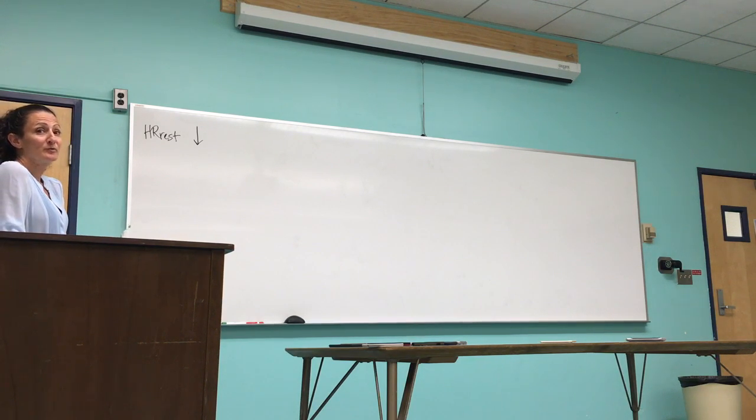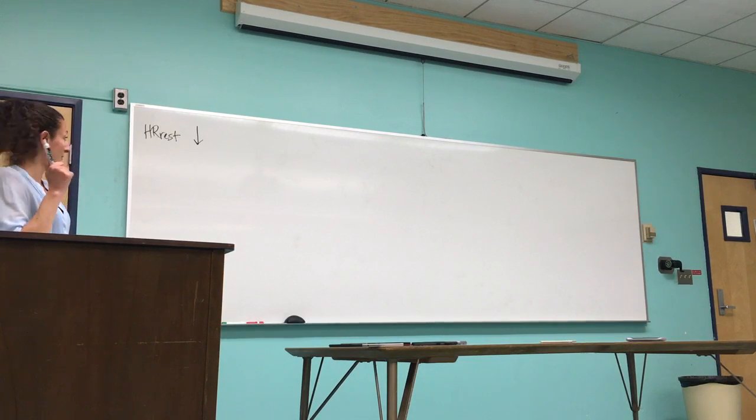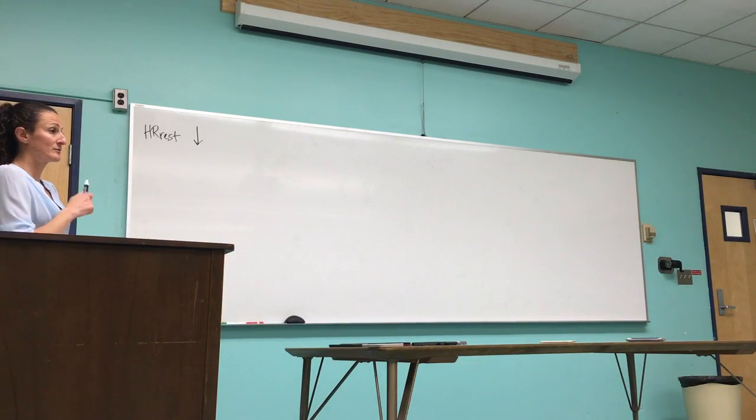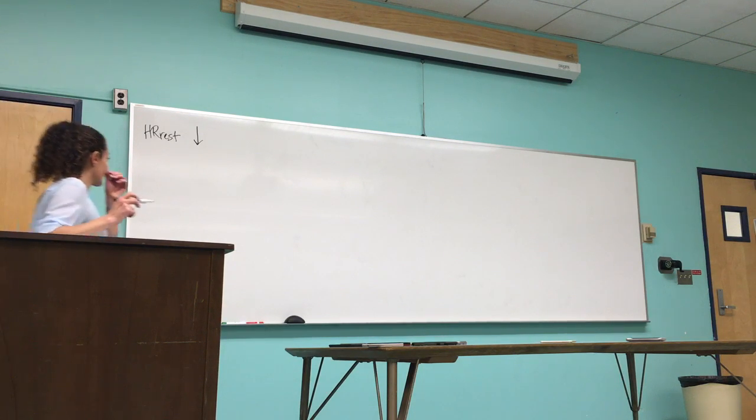You already knew before you came in here that a trained person has a lower resting heart rate than an untrained person. So now I'm asking you to think about why. Yes? Is it because their heart beats more efficiently, like it pumps more blood with every beat? Yes, absolutely yes. And I'm going to get to that one when we get to submax heart rate. But I'm talking about it from a different angle with resting heart rate.